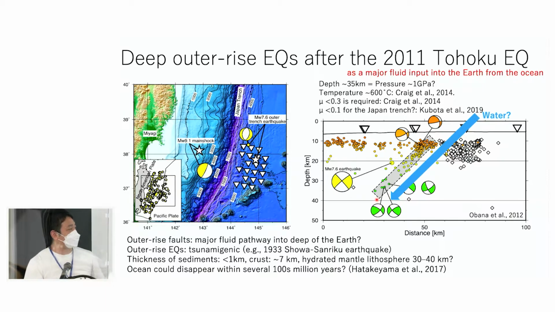And then some calculations were made by Hatakeyama et al. 2017. Their calculation is, if hydration of the mantle occurs continuously, then after 600 million years, all water will be sucked up into the mantle. But we have volcanoes, so there are many calculations.